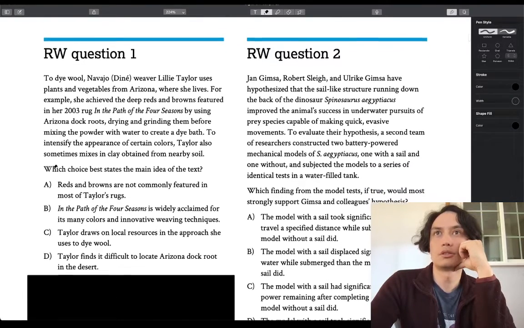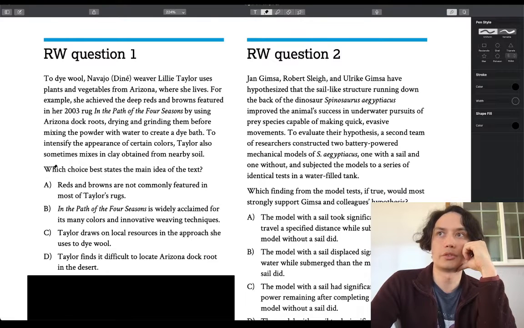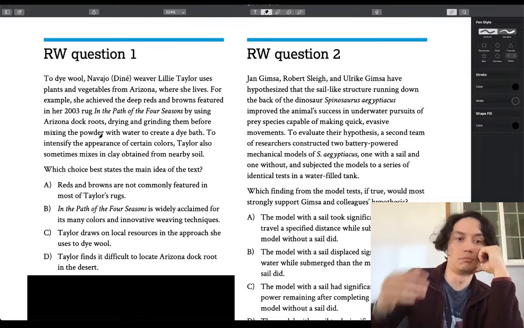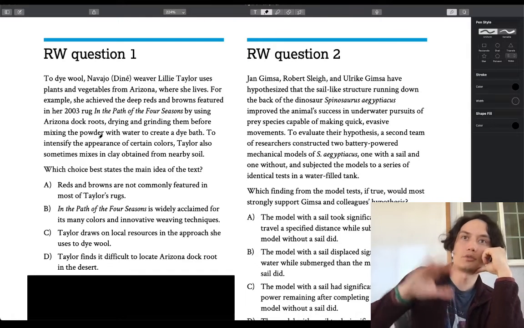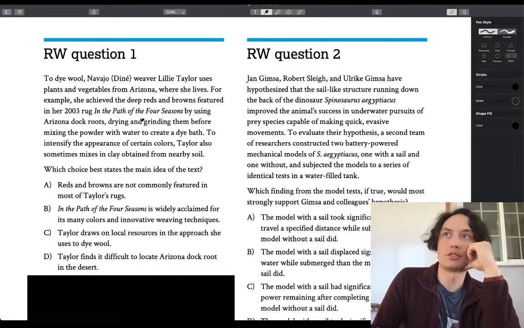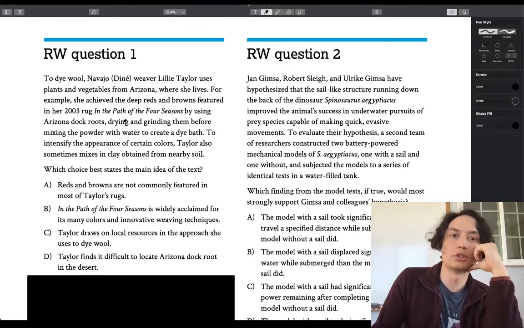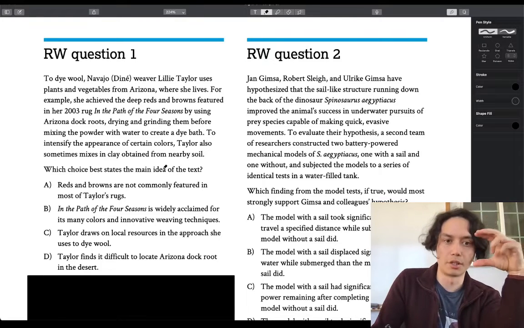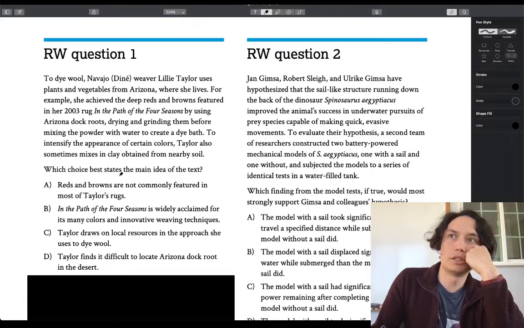First thing to note, and I've thought about this before: instead of big long passages and lots of questions about each passage, the reading and writing section now is just a bunch of short little, quote unquote, passages with individual single questions about each one. So you're never going to have more than a little bit to read.